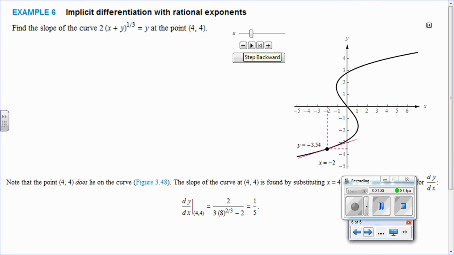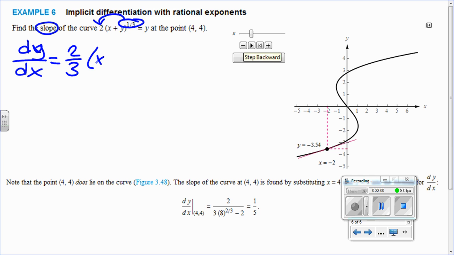And then for this one, we do have to find the slope. So we will have to do the substitution of x and y. Okay? So our dy dx is going to be, we take this 1/3 times 2, so that will be 2/3 of x plus y to what power? 1/3 minus 1?